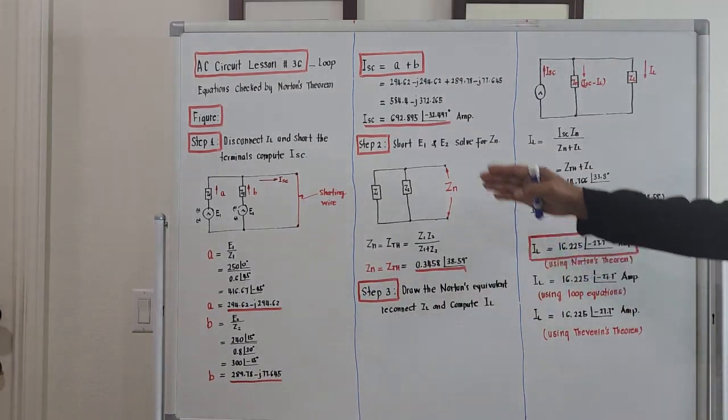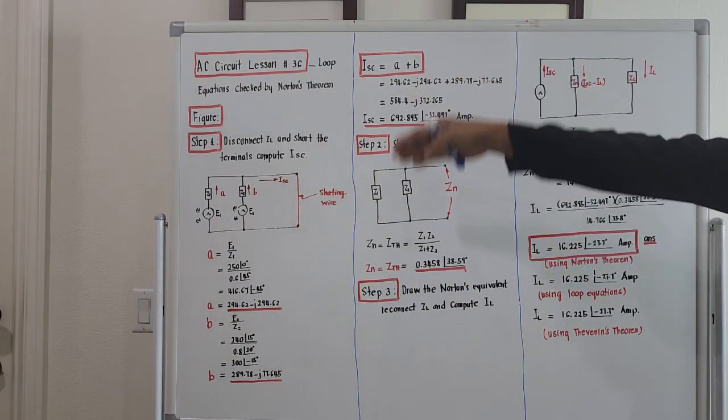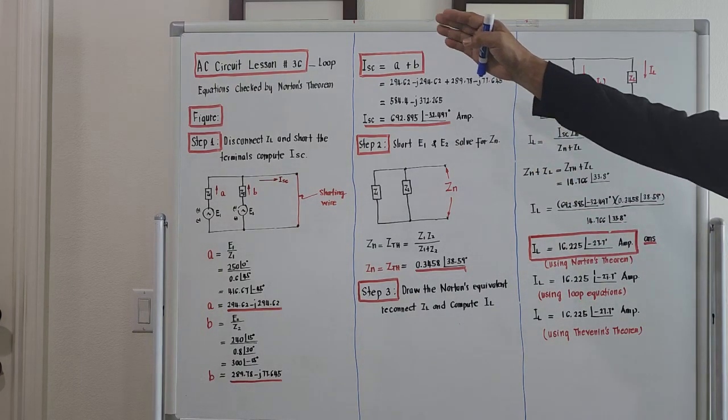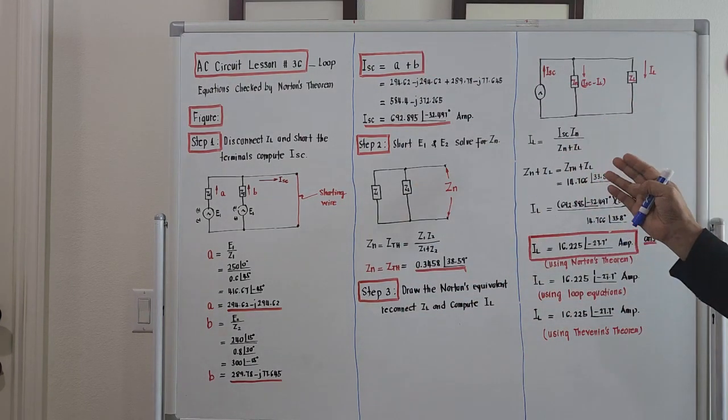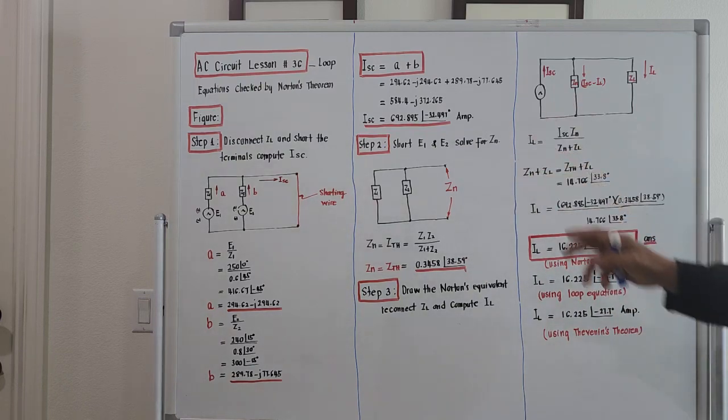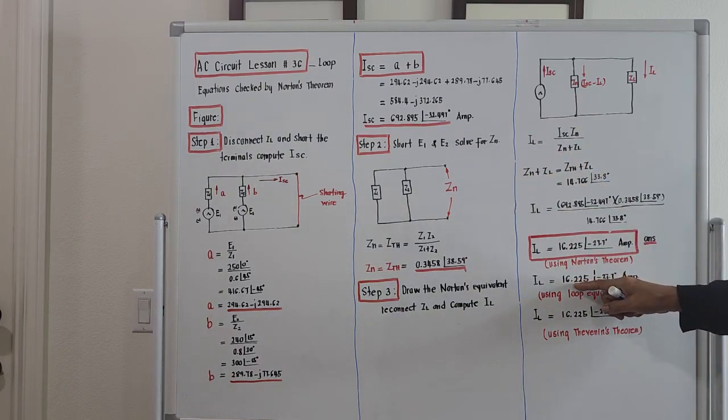The final answer for this Norton's theorem is actually 16.225, the angle is negative 27.7 degree amperes. That is the solution for this morning. From the previous solutions, the original problem using loop equations, the answer is 16.225, the angle is negative 27.7 degree amperes.